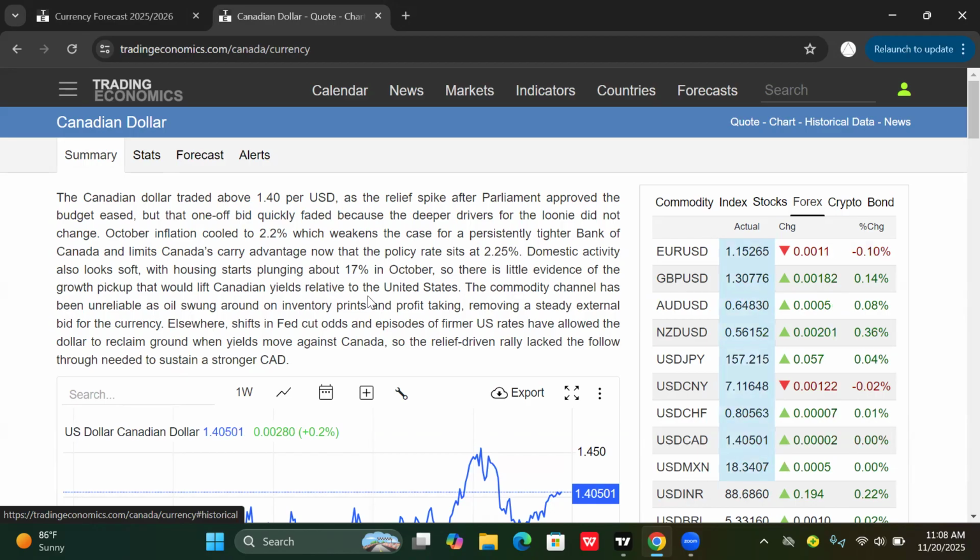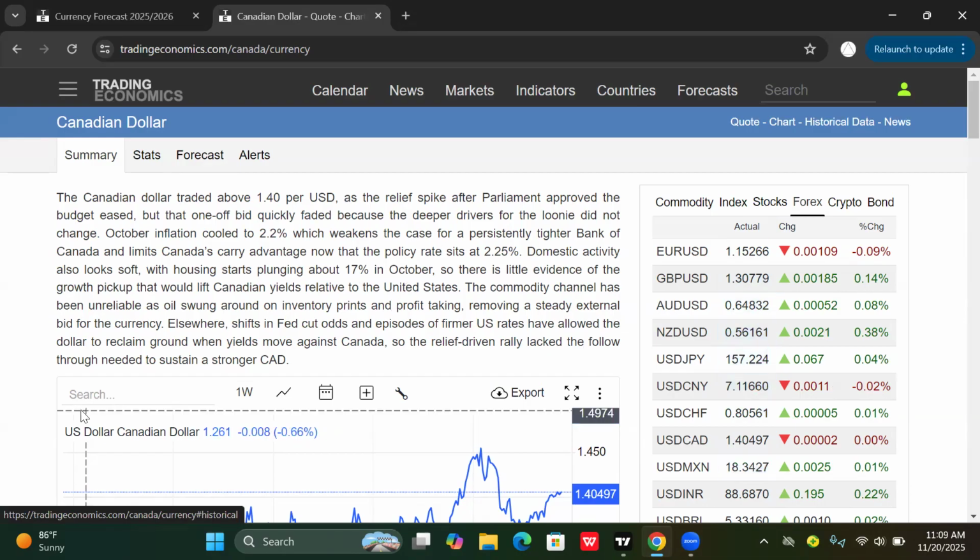The real yield, when you're talking about interest rates, is the yield on the treasury divided by the inflation. So to me, I think the US still has a positive yield over the Canadian dollar. But when it comes to forward guidance, the Canadian dollar is looking at not cutting as much as the United States or the Fed. So here it says there's little evidence of the growth pickup that would lift Canadian yield relative to the United States.